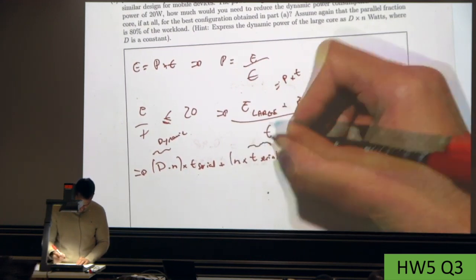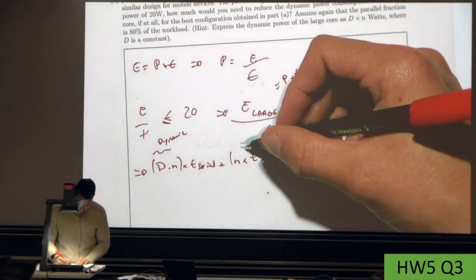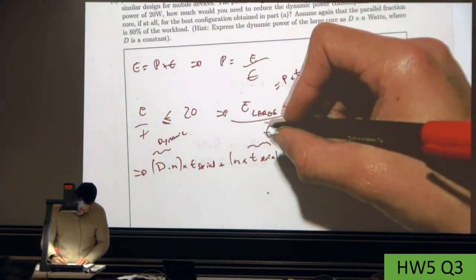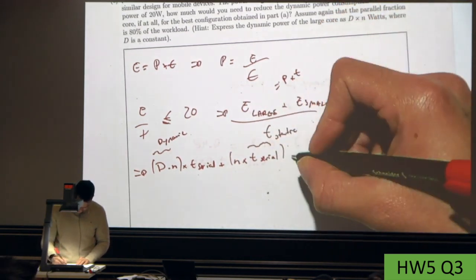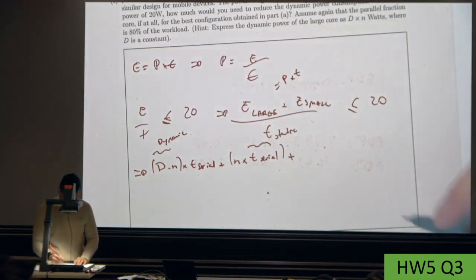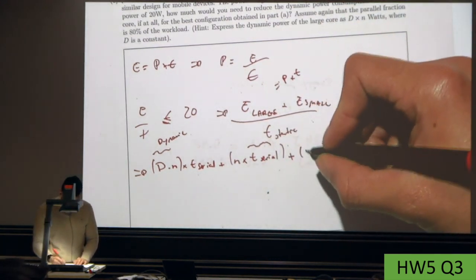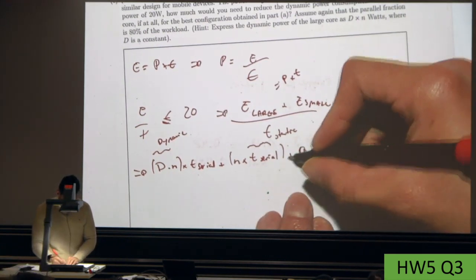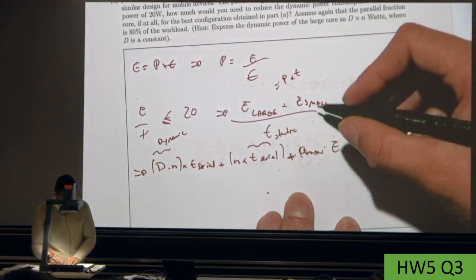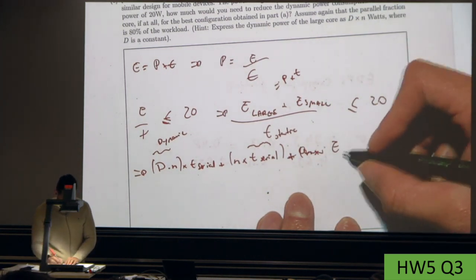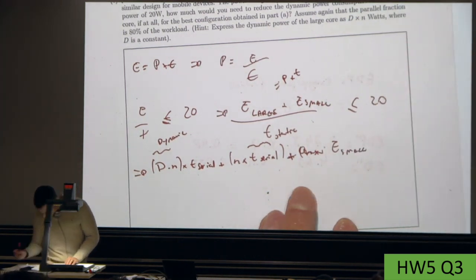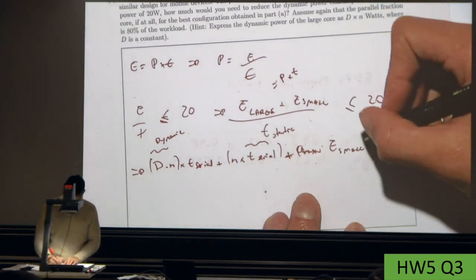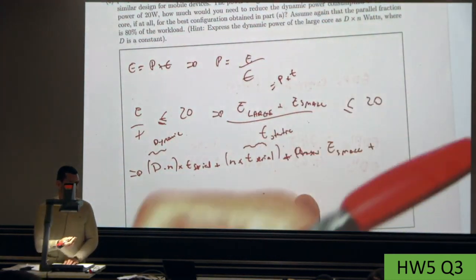Then static, dynamic, plus the energy for the small core that you have before. I feel like I'm missing something. Oh yes, I'm missing it. Plus the time for the static power.